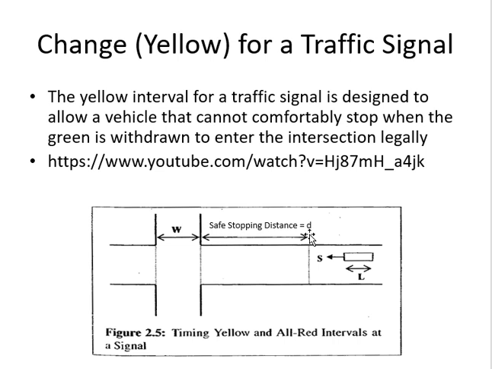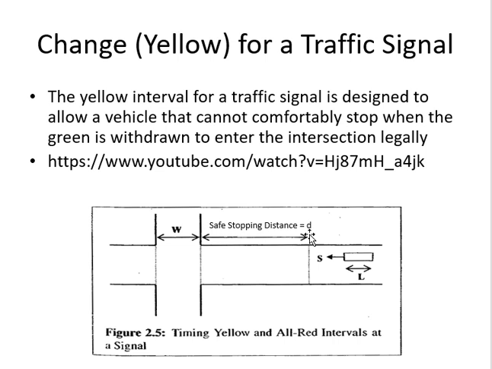So what's the purpose of yellow? Yellow is for this guy who doesn't have enough distance. So we want him to reach the stop line and cross it while looking at a yellow signal. Because if he sees red, he will do something which he shouldn't. So we want enough yellow for any driver who doesn't have enough distance to cross while looking at yellow.